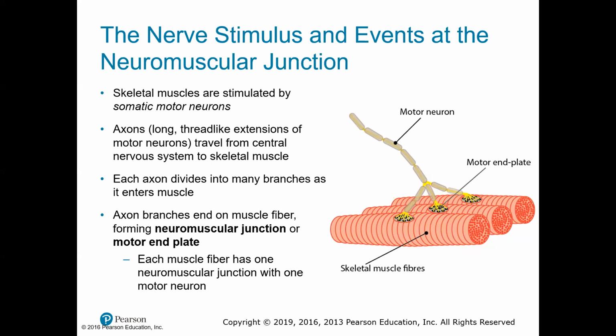Now the motor nerve extends its cytoplasm and cell membrane from the cell body all the way out to the muscle cell through a structure known as the axon. The axon is the structure of a neuron that the neuron uses to send its action potential.